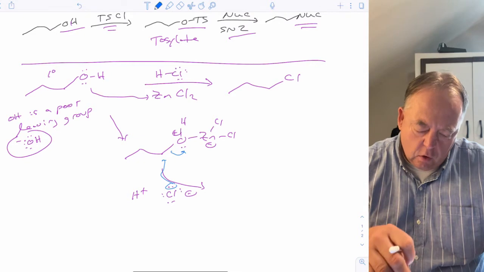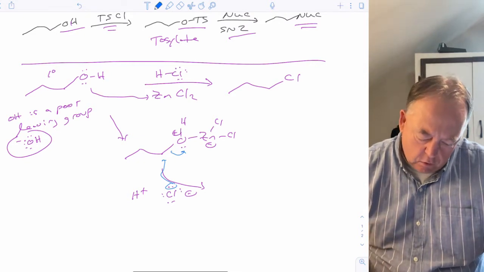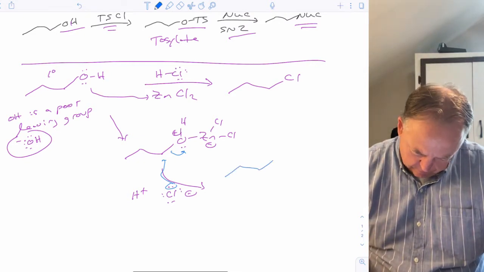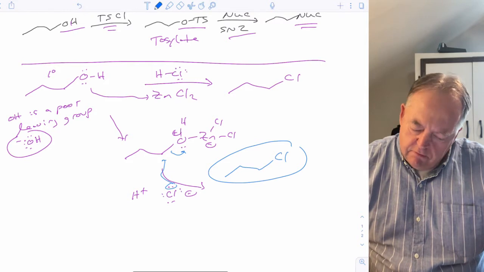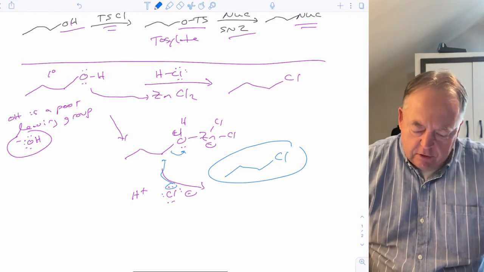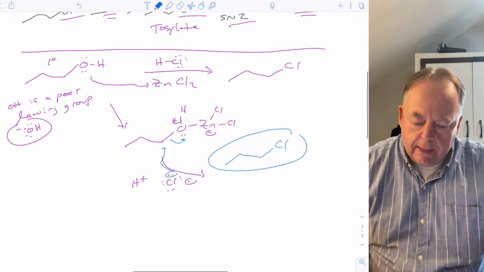So you converted the OH into a good leaving group with the zinc chloride. Okay, so primary alcohol, HCl, zinc chloride, will convert the alcohol to an alkyl chloride.